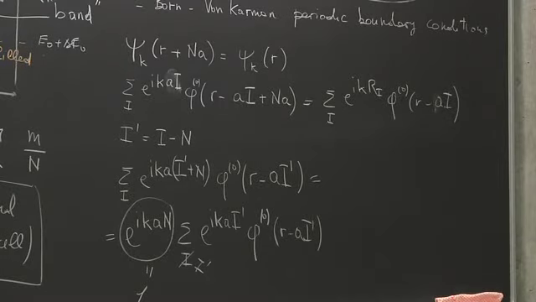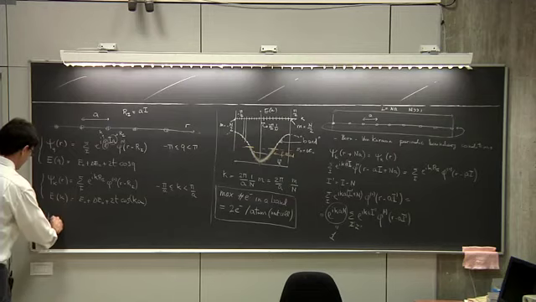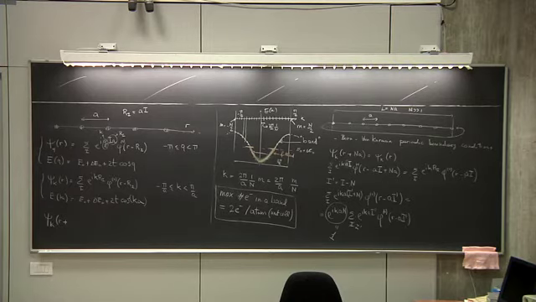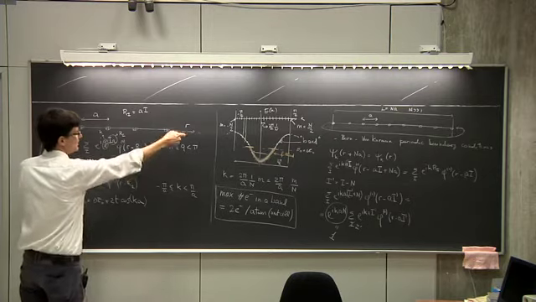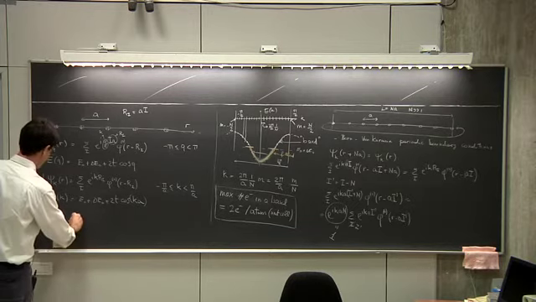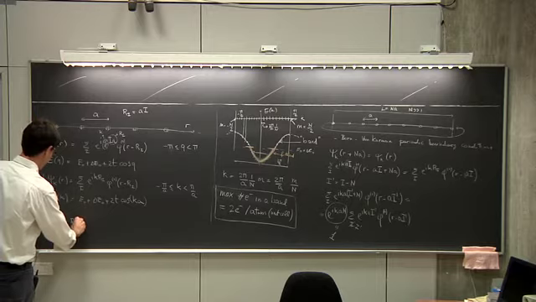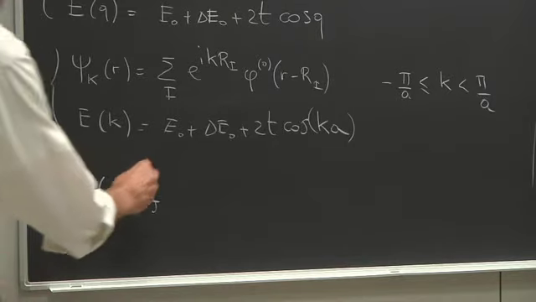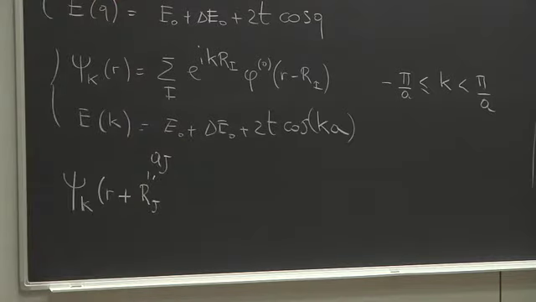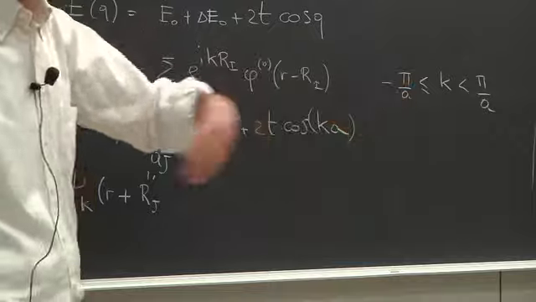So I take my wave function and I translate it by an arbitrary repeat unit. So R_j, that is, we know, A times j. I take my unit cell and I just translate it by some j units.